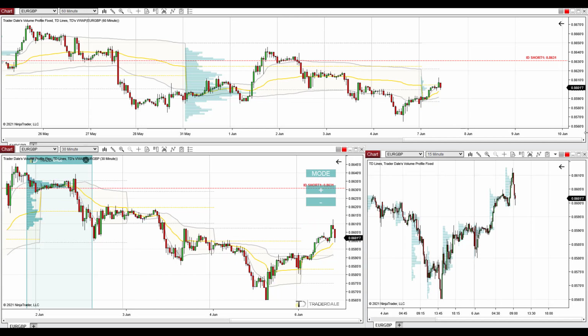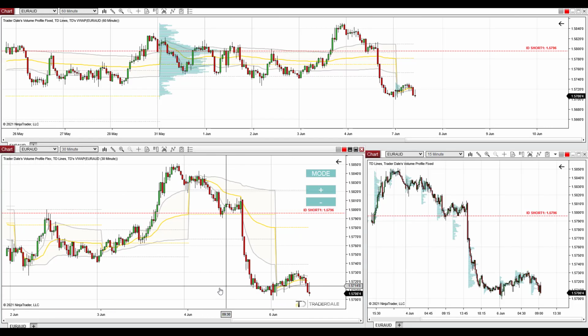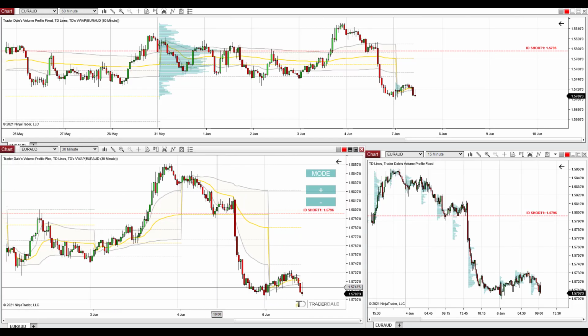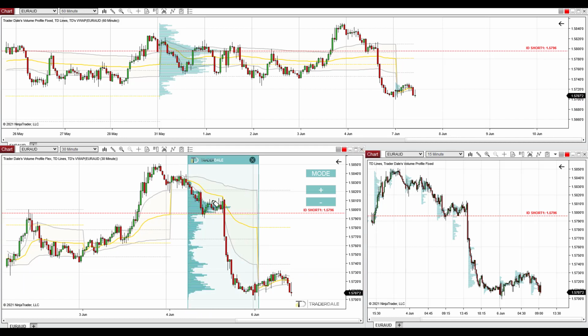So that's for the Euro British Pound, and let's now go into the next trading idea, and this one will be on the Euro Australian dollar. So now all the charts show the Euro Australian dollar, and the level which I wanted to show you there is based on this volume cluster, those massive volumes which got traded and placed in the market before this strong sell-off.